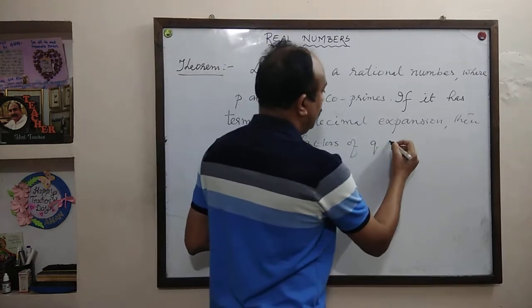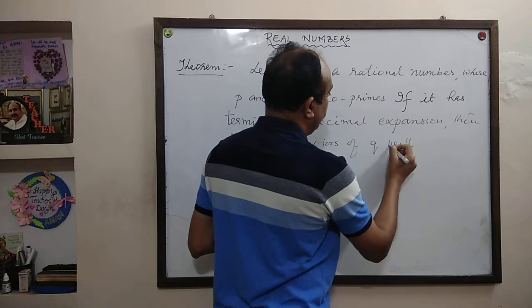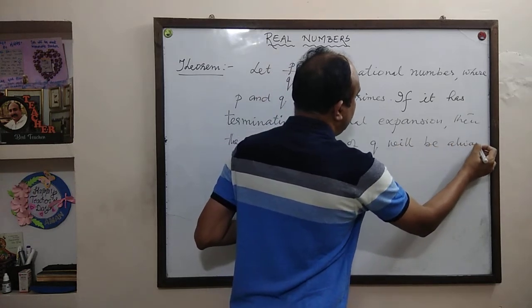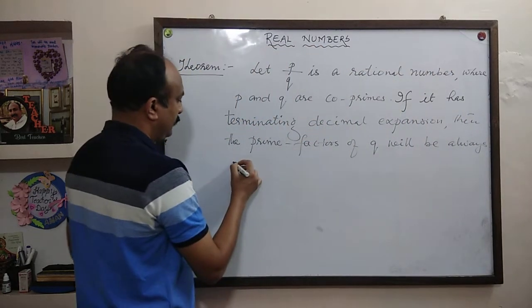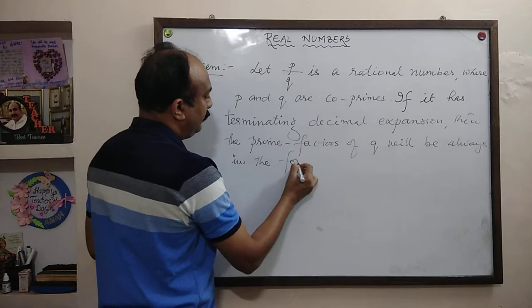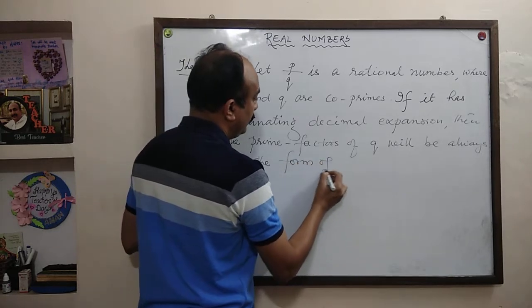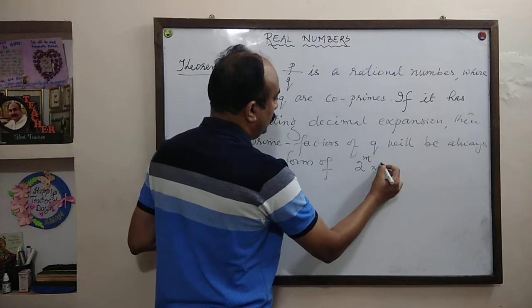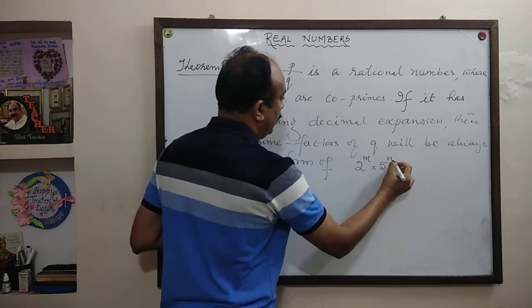Denominator. Then the prime factors of Q will always be in the form of 2 power m into 5 power n.